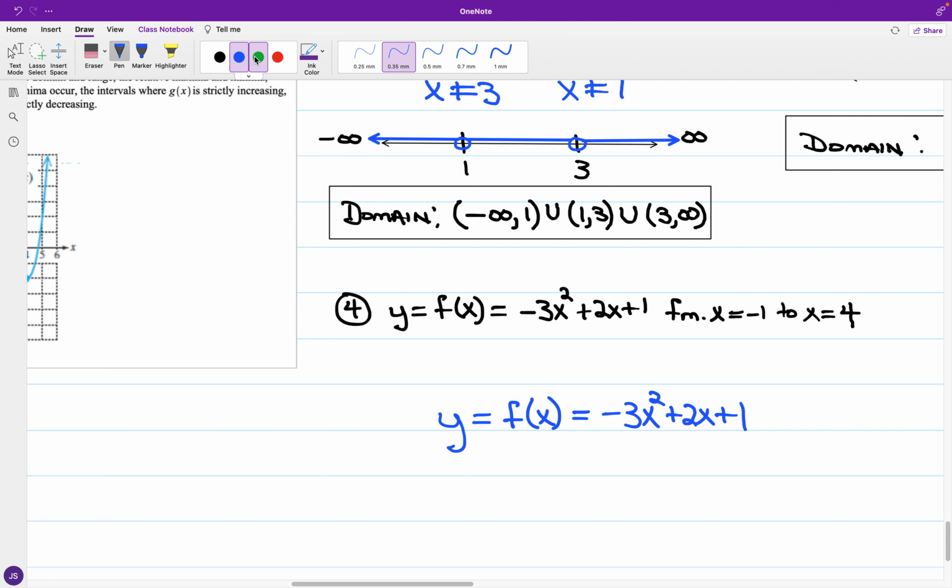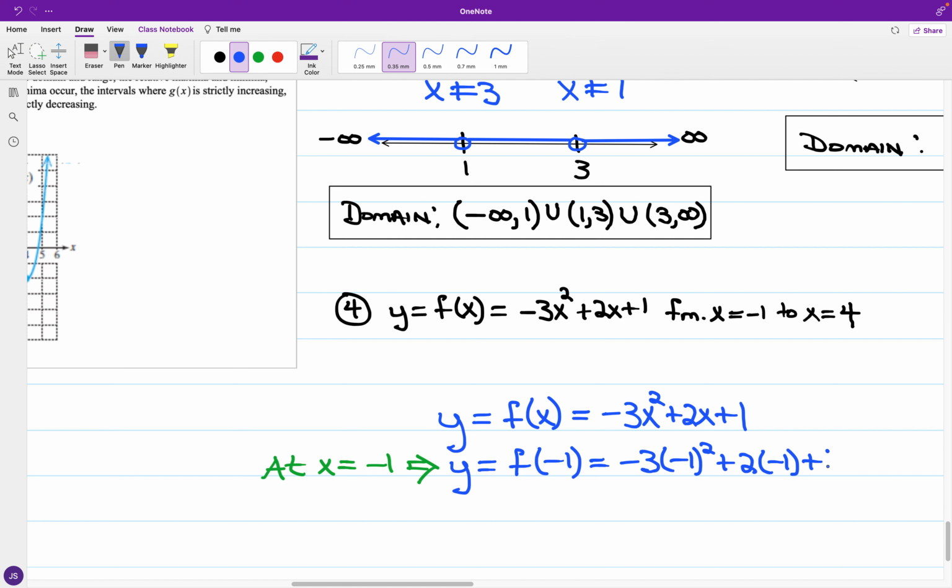For x is equal to negative 1, we have y is equal to f of negative 1, so we have negative 3 times the square of negative 1, plus 2 times negative 1, plus 1.